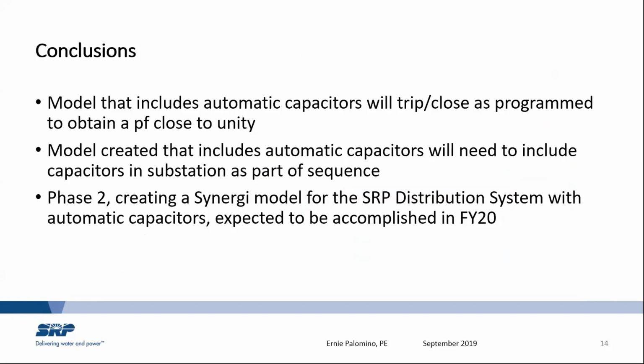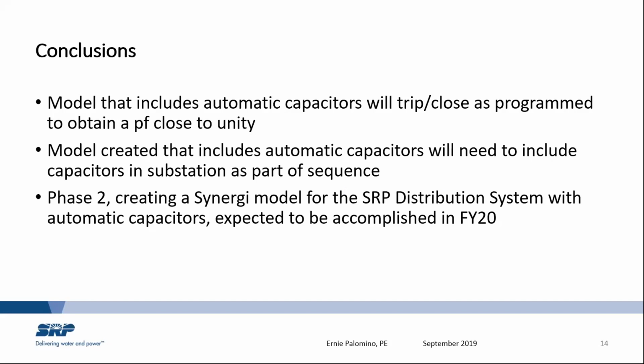So the conclusion was that the model with the automatic transfer capacitor both were tripping and closing as programmed, that they do part of the sequence, and that we're able to move to phase 2. So again, this presentation wasn't so much, we haven't really done any analysis yet.